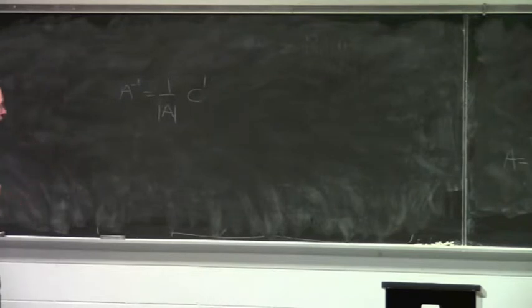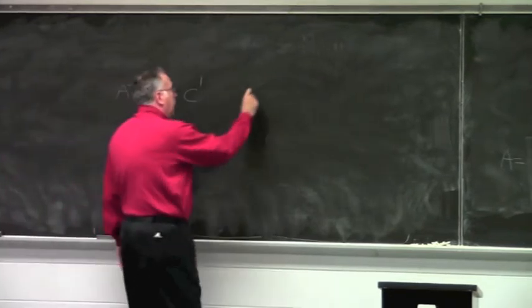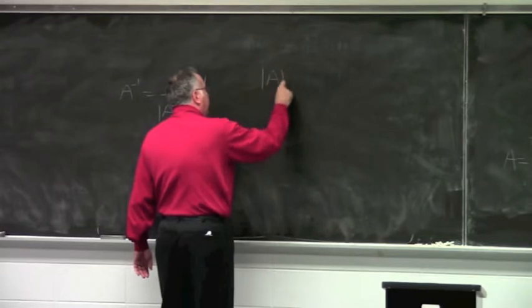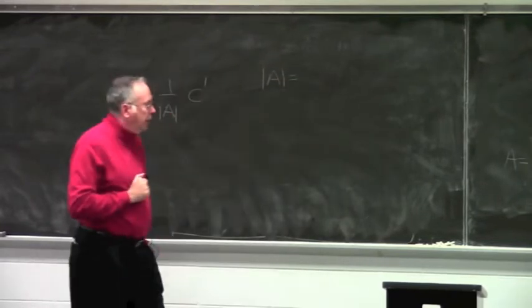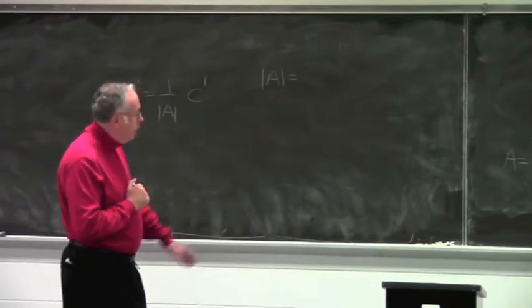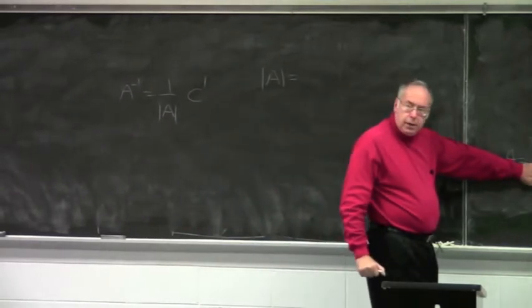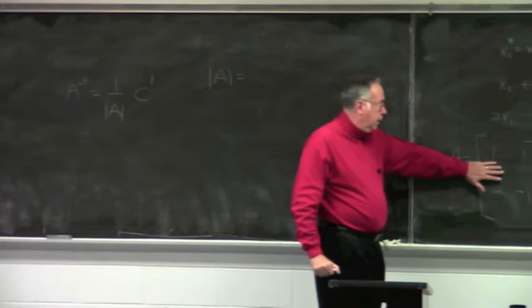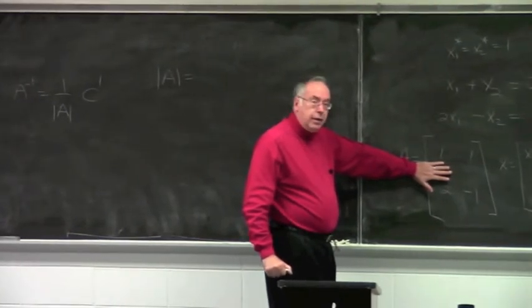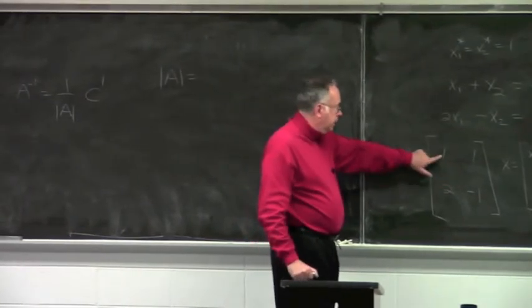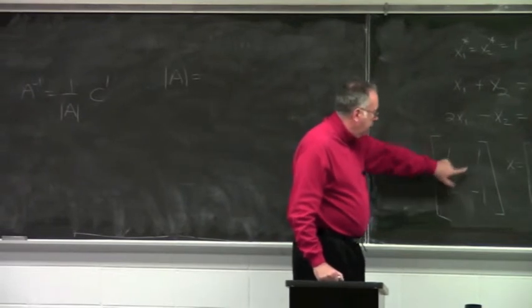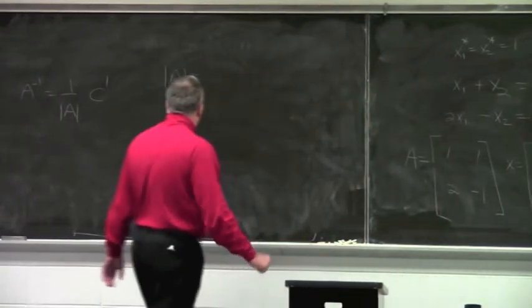Let's first get the determinant of A. What is the determinant of A in this case? If you take the determinant of this matrix right here, what is its determinant? Anybody? Yeah, it's minus 1, minus 2 is a negative 3.